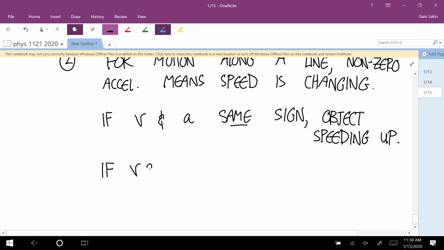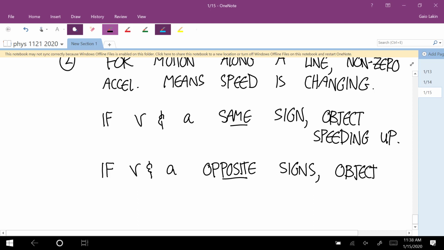If the velocity and acceleration have opposite signs, it means the object is slowing down. And again, you can tell what direction it's going from the velocity.